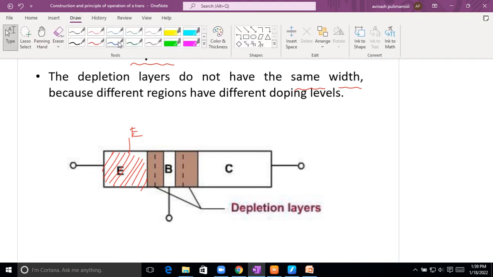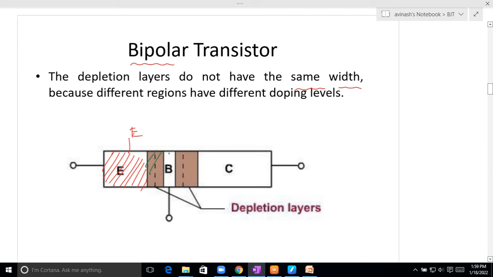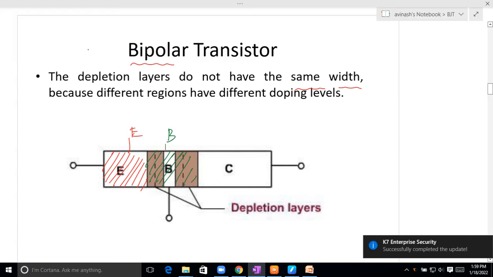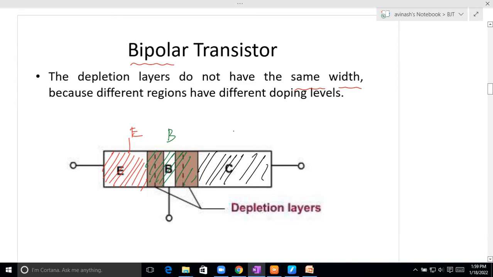Let me change the ink here. This is the base junction and this is the collector junction.